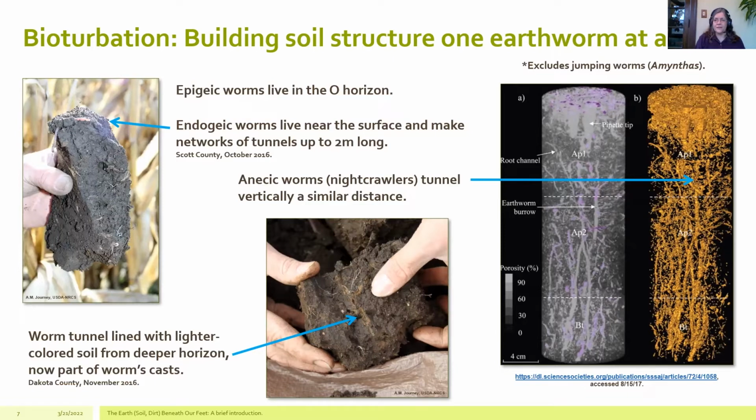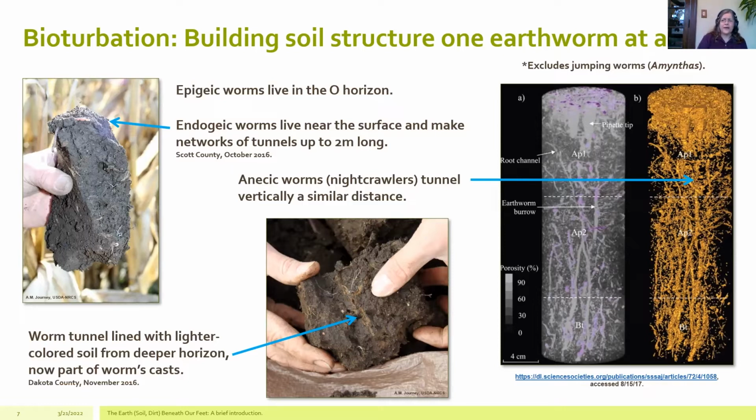And then a certain amount of slime that they make to hold their cast together. And then that ends up packing the inside of the tunnel behind them. So you can see the movement of soil very clearly there.